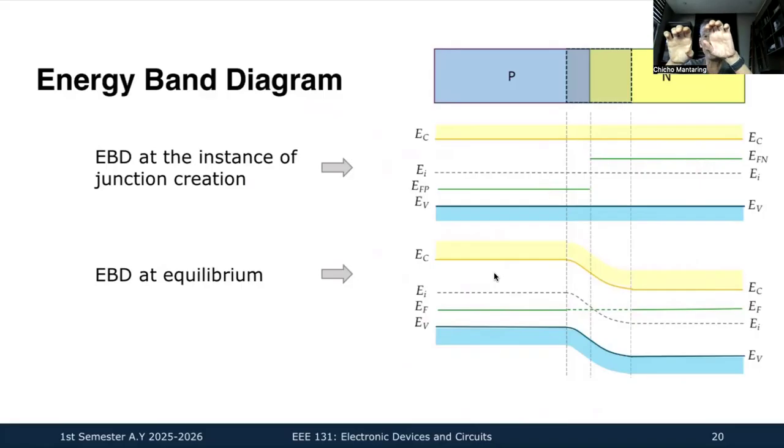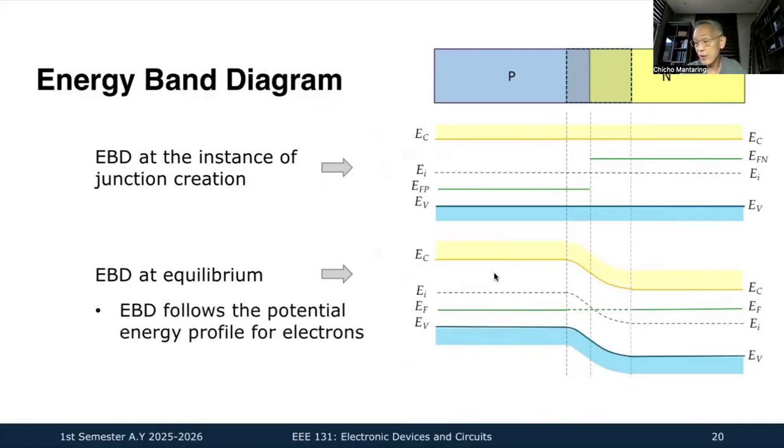At the instance of creation, they are unaligned. Okay? And then what happened? Okay? Because of electrostatics, bababa yung potential energy sa kanan, no? And then magiging aligned na yung dalawang E's of F nila. The Fermi levels align.